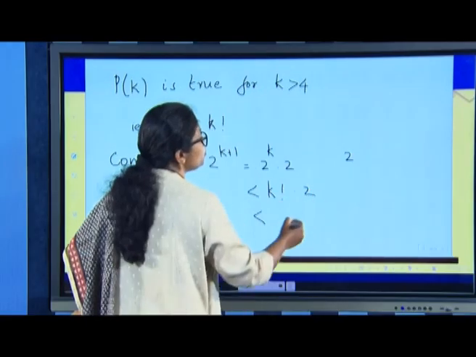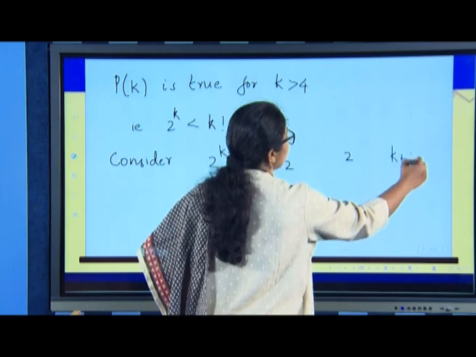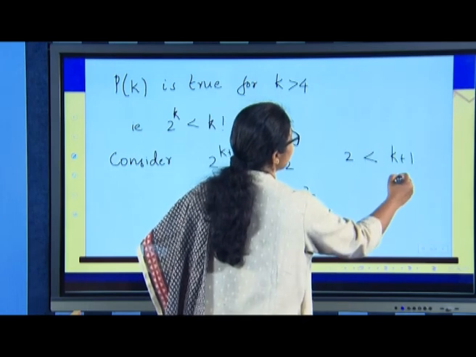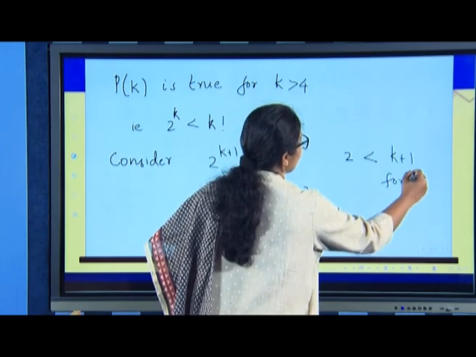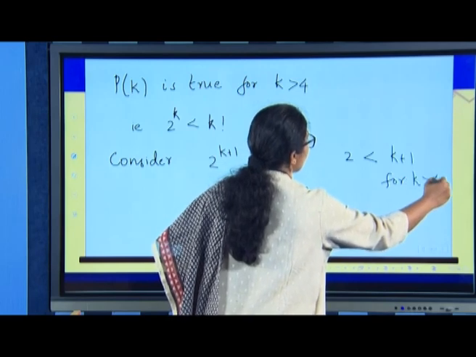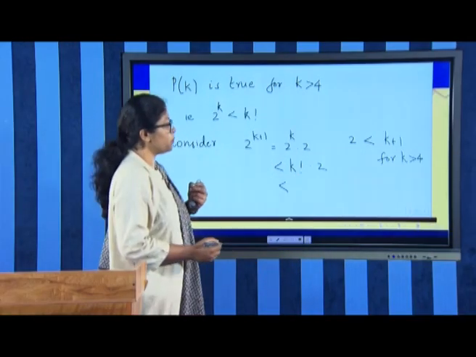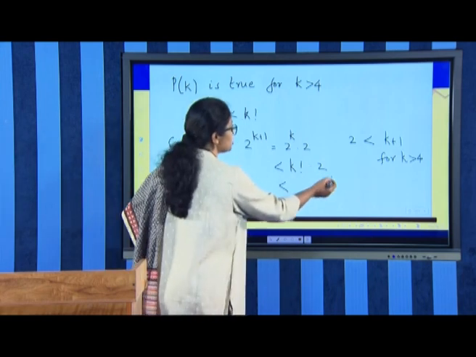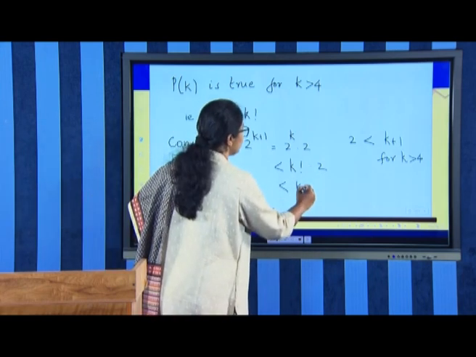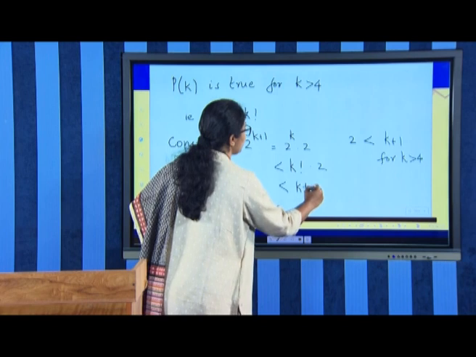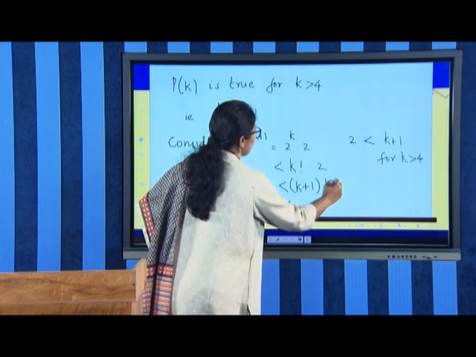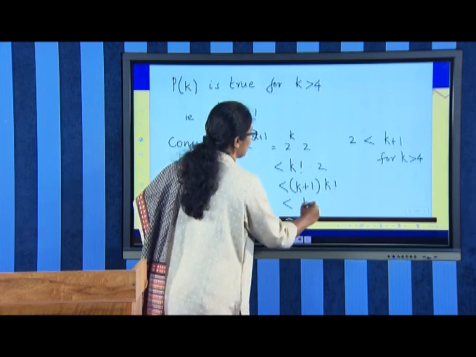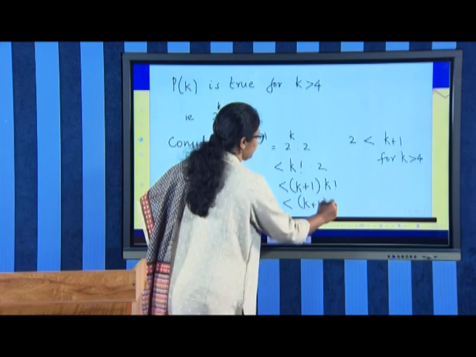When you compare 2 and k plus 1, we can see 2 is less than k plus 1 for k greater than 4. Therefore, we can replace this 2 by a larger number on the right side. We will be getting k plus 1 into k factorial, which is nothing but k plus 1 factorial.